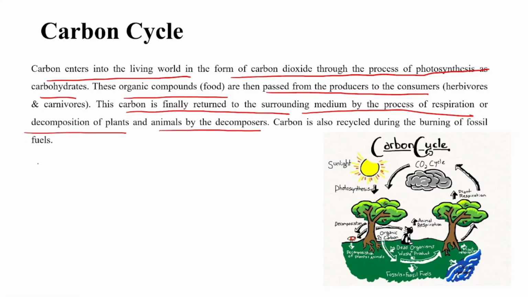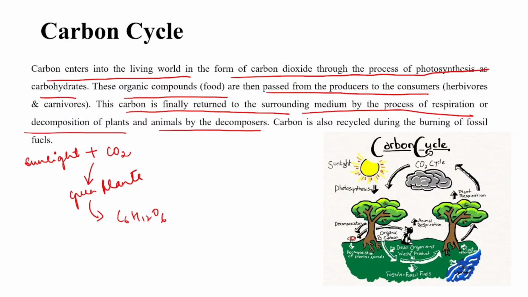So here what will happen, see here, sunlight. In nature, carbon is available in the form of carbon dioxide, right, in the gaseous form. This will be utilized by green plants for photosynthesis, and after photosynthesis what we get is glucose, C6H12O6.